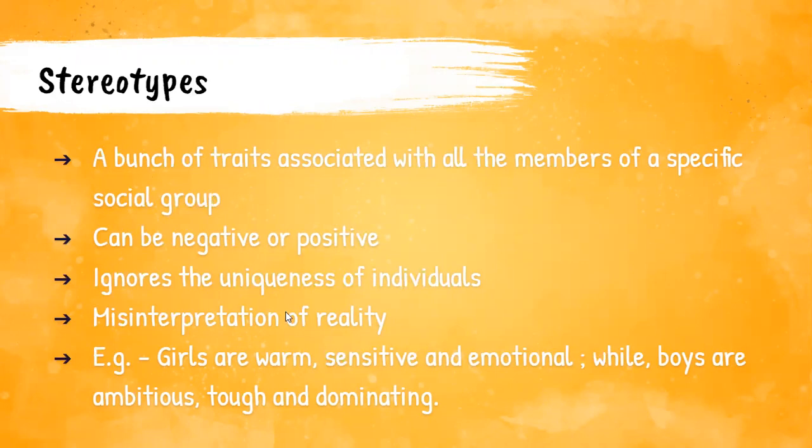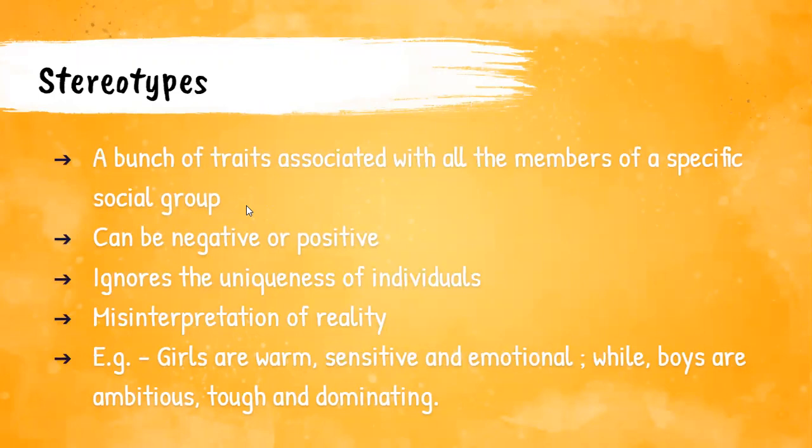When you look at social groups, they can be anything on the basis of religion, on the basis of caste, on the basis of gender. Now, for example, when I say that girls are criers, or all boys are so athletic, or if I say that Delhi people are bad at driving, right?